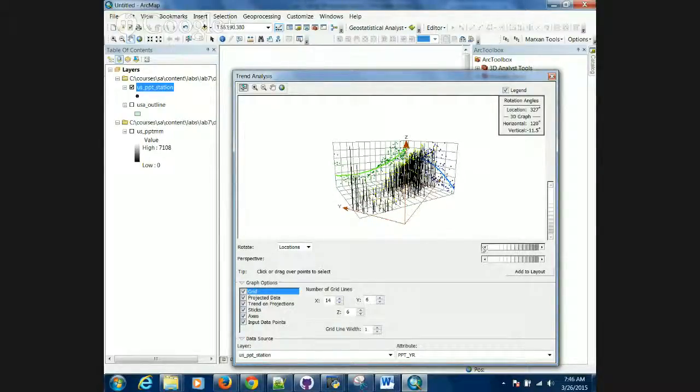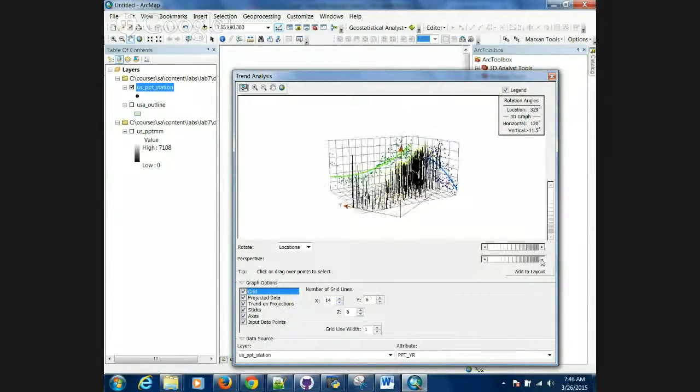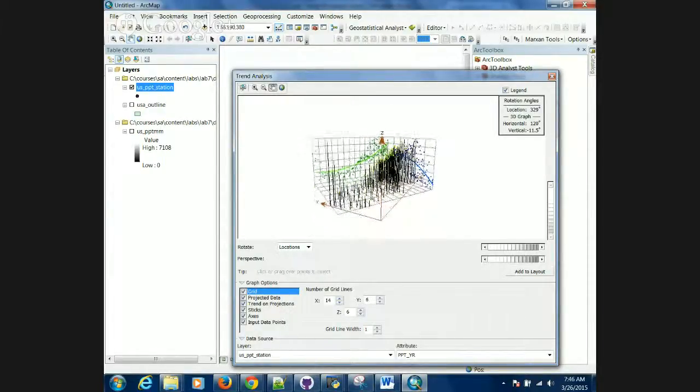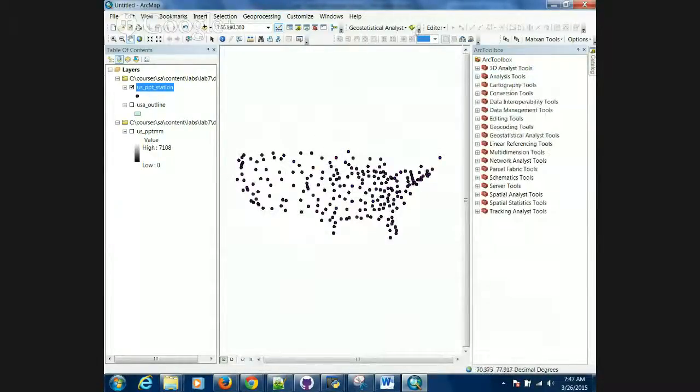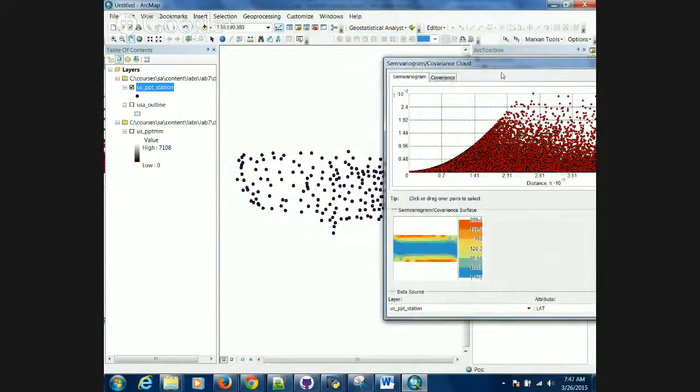So we're looking at the trend surface map, which is not something that I included in the lab. It'd be nice if that was a little more interactive. But the one they pointed out in the lab is you can explore your data by looking at the semivariance covariance cloud, because that's really what we talked about this week.